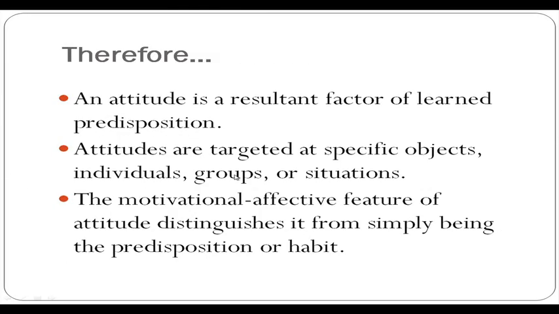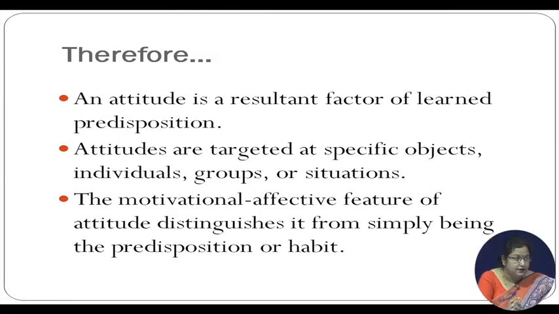So, therefore, we can say that an attitude is a resultant factor of learned predisposition. Attitudes are targeted at specific objects, individuals and situations. In marketing, we are not talking about the attitude of a person in general, whether the person is rowdy or calm and cool, not that attitude.